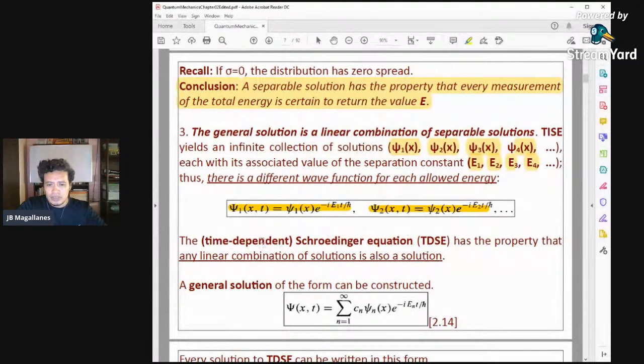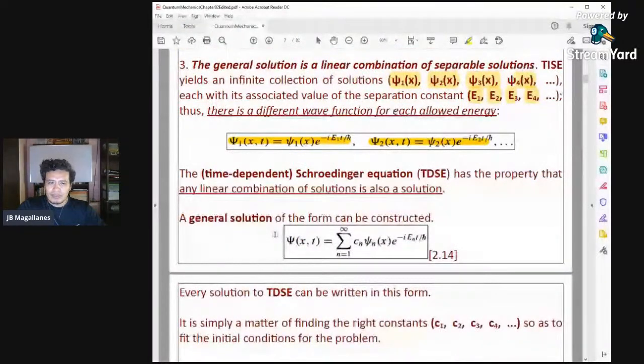Psi 1 of x,t, psi 2 of x,t, and psi 3 of x,t would be phi 3 of x times e to the negative i E3 t over h bar. So this is the general solution of the Schrodinger equation, the time-dependent Schrodinger equation.